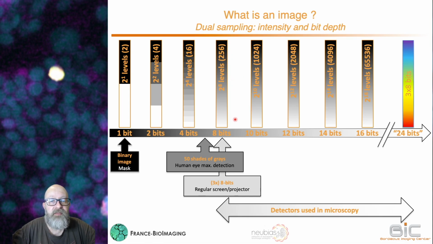If you want to represent a scene more precisely, have a better description of the intensities of your scene, then you would opt for this kind of scale, the 16-bit scale, which has 65,536 different levels.